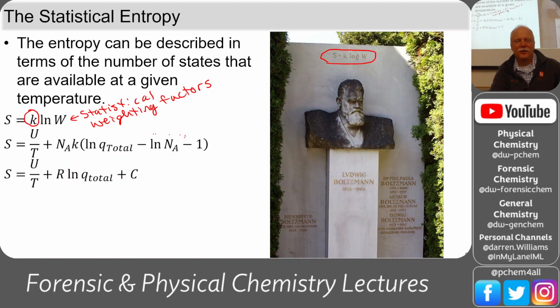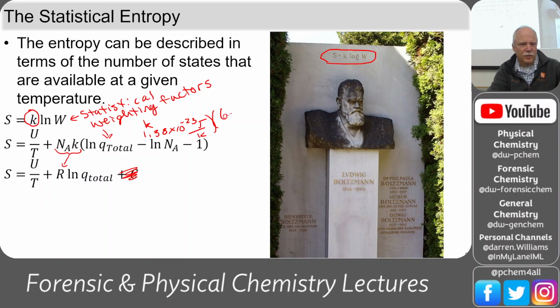Taking into account those weighting factors and Avogadro's number, it eventually became this partition function. Okay, and so now this is the equation that we're going to use, and we're going to ignore this extra constant, and we're just going to calculate it with this. So the internal energy over temperature plus Avogadro's number times Boltzmann's constant gives us the gas constant. Let me just show you that real quick. K is equal to 1.38 times 10 to the minus 23rd joules per Kelvin.